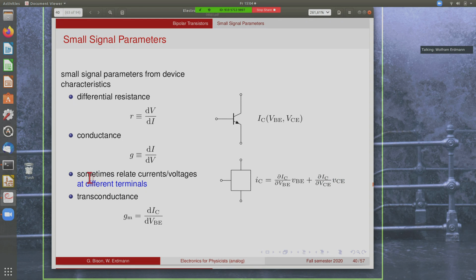And such a conductance, which is then the derivative with respect to the voltage at a different terminal, is called a transconductance. So the most prominent example is called gm, and is the derivative of the collector current with respect to the base emitter voltage. So it sort of says how much do we amplify a current through the device by changing a little bit the potential at the controlling gate.